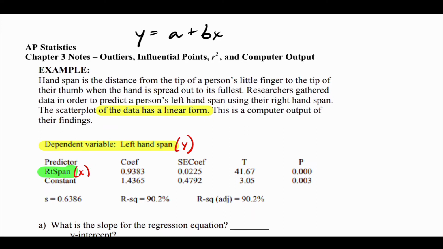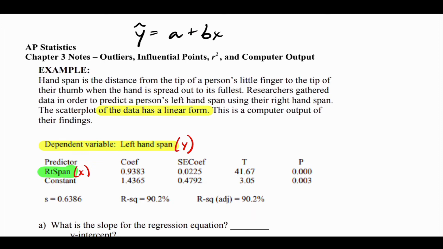When you calculate a and b, that's the one you find. So a is the y-intercept, b is the slope. They're asking us for the slope. Slope is always attached to what? X, right? It's always attached to X. That's how we can tell the difference between slope and y-intercept.